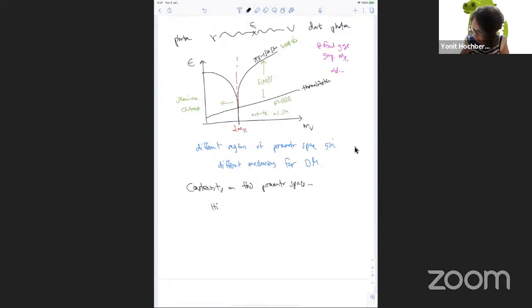So there are some constraints that come from high energy colliders, be it LEP or Tevatron or the LHC or future projections, and also from low energy colliders like BaBar and Belle 2.